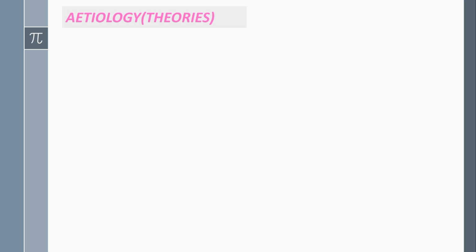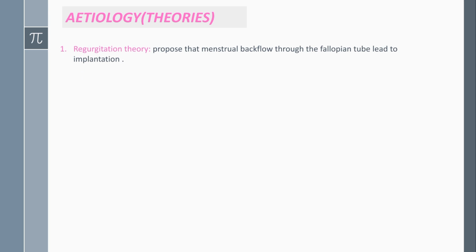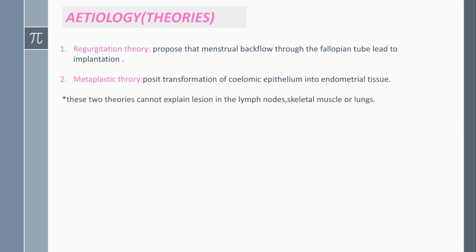There are many theories to explain how endometriosis occurs. Some of them: the regurgitation theory proposes that menstrual backflow through the fallopian tube leads to implantation. The metaplastic theory posits the transformation of the coelomic epithelium into endometrial tissue. But these two theories cannot explain lesions in the lymph node, skeletal muscle, or lung.